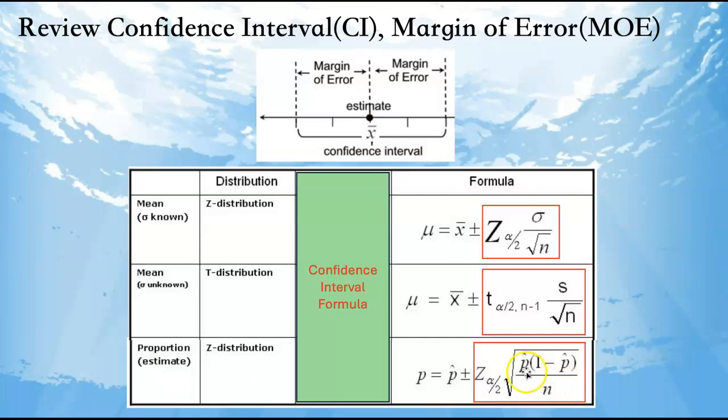So you have this p hat, and 1 minus p hat, which is q hat. So we are using this new confidence interval, and the box formula here is this new margin of error formula to do the calculation. So hopefully this provides you some quick review for what we have learned: confidence interval and also margin of error.